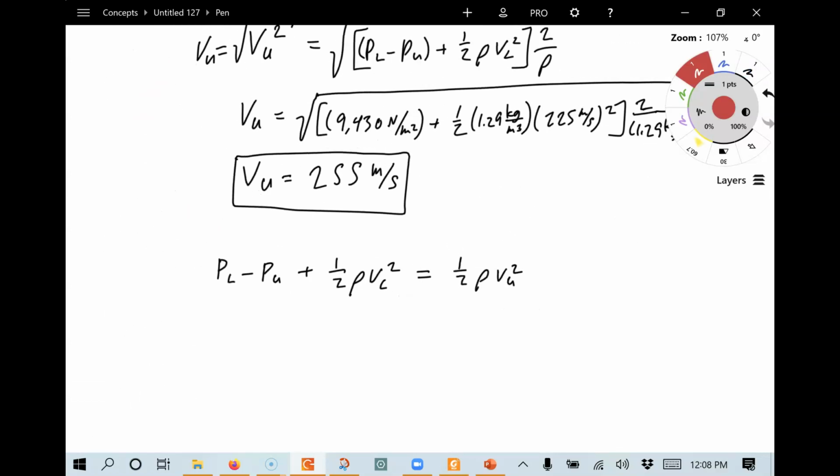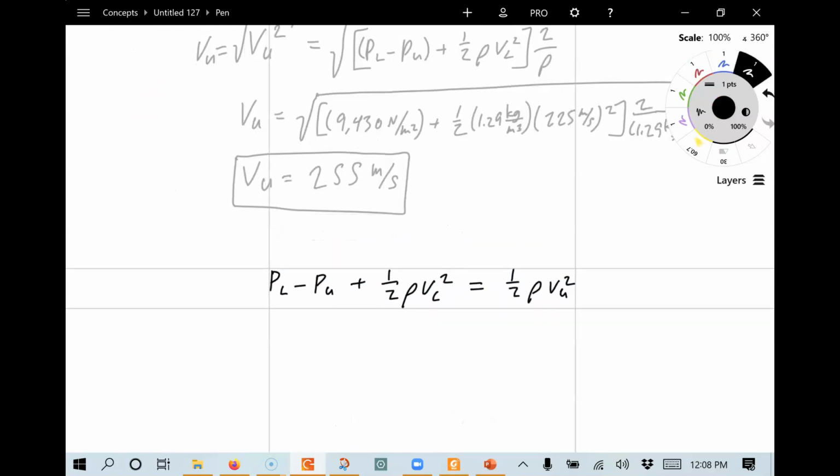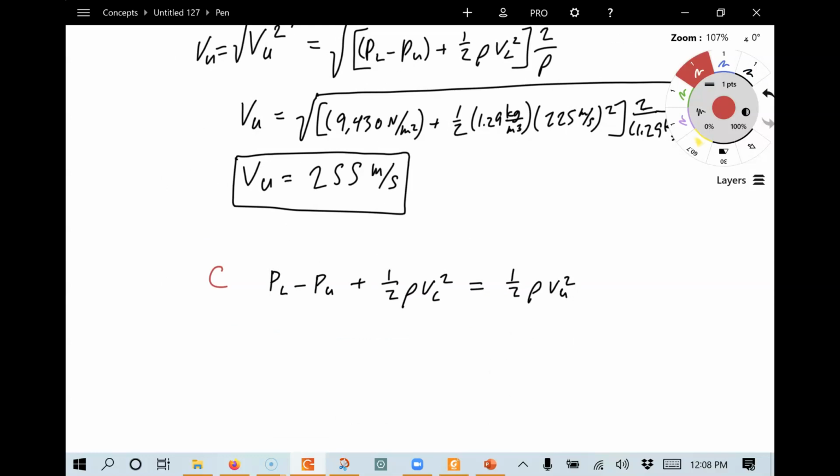So for part C, if we look at this, we can find that if we do a little bit of algebra, it's this pressure difference PL minus PU, which is required to support the weight, right? And if we go ahead and do a little bit of work here, subtract the term 1/2 rho V lower squared from both sides.